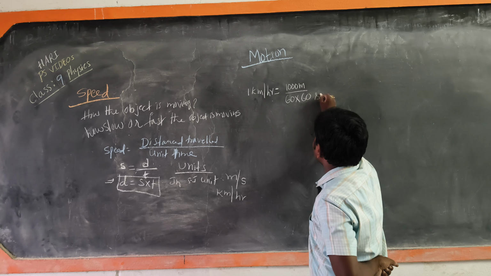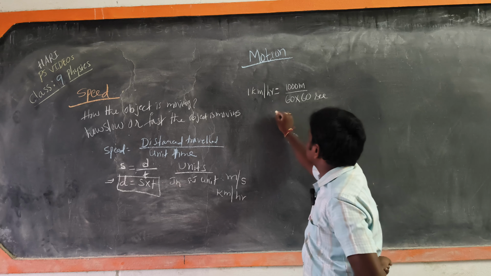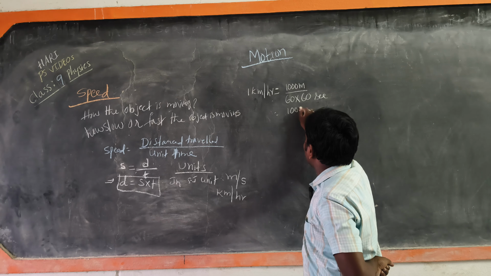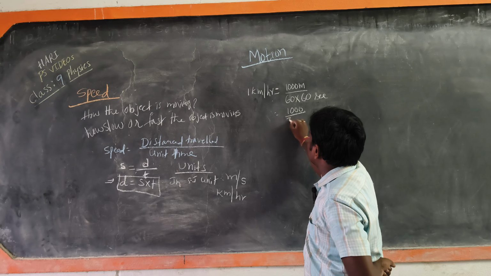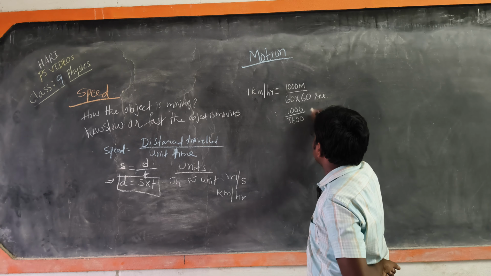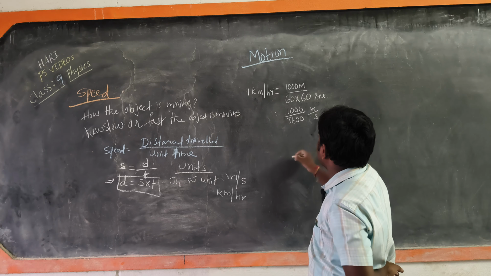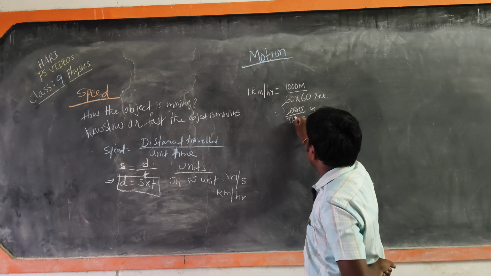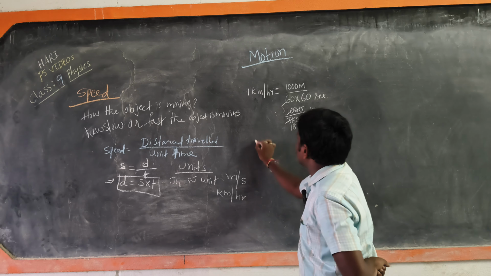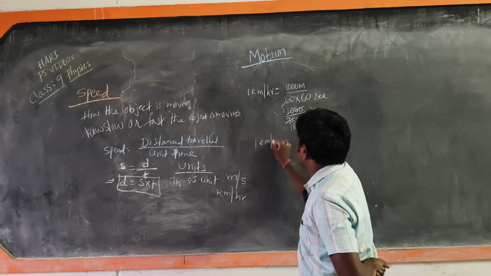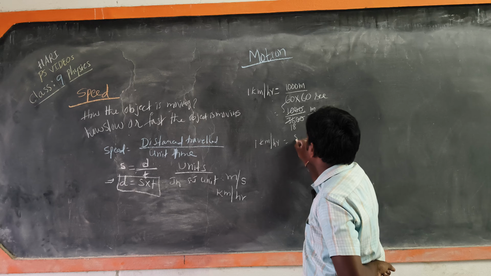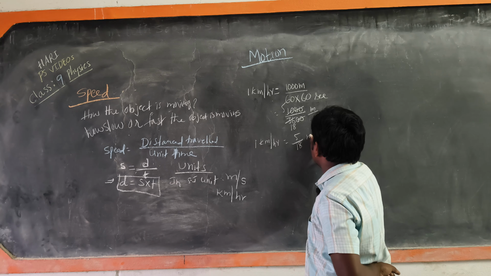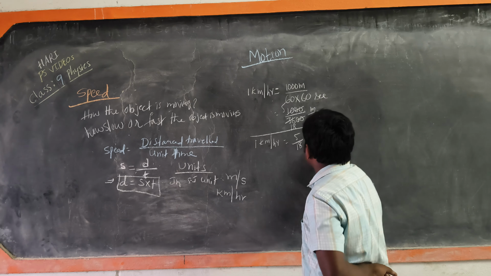So 60 into 60 seconds is 3600, so 1000 by 3600 meter per second. Two zeros get cancelled, and so 1 kilometer per hour is equal to 5 by 18 meter per second.